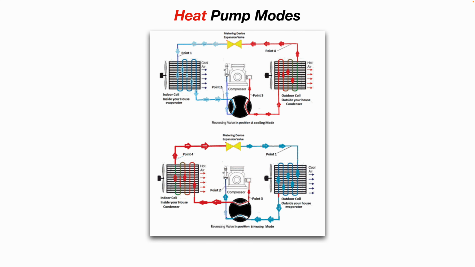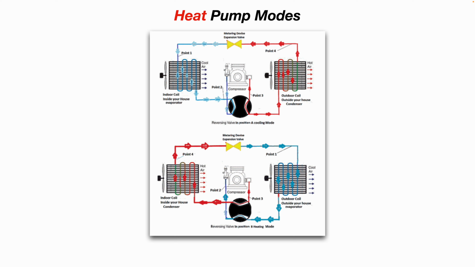So heat pump modes. The chart on the top shows when the reversing valve is in position A for cooling mode, you see the refrigerant flows out of the compressor through that reversing valve, through the outdoor coil, through the expansion valve, then through the indoor coil, and then back through the other side of the reversing valve and back into the compressor.